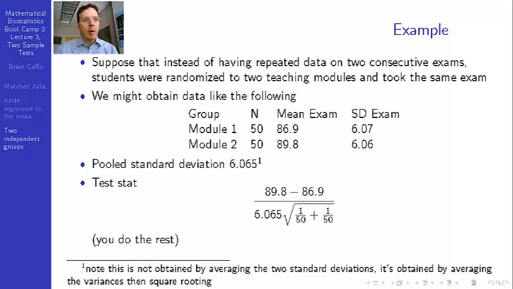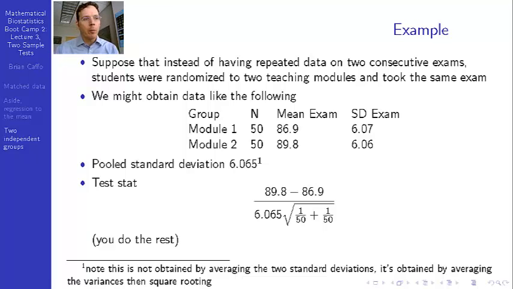Here's a setting where we would analyze the data this way rather than treating it as paired. The easiest way to recognize that you don't have paired data is if your n's are different. But that could also be misleading because you could have some missing data and have different n's. At any rate, the easiest way to determine whether your data is paired is to ask yourself: are my data paired or not?